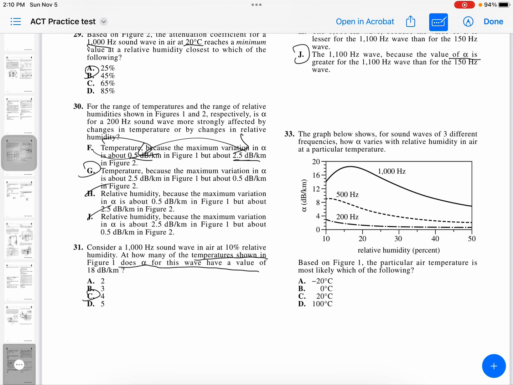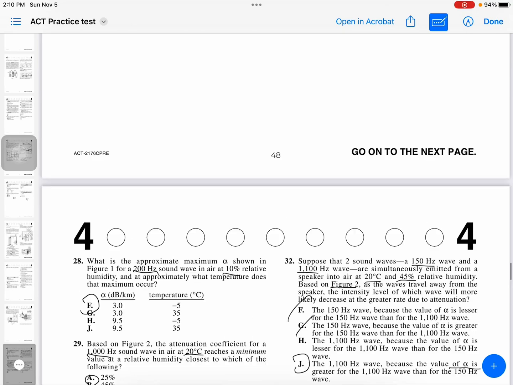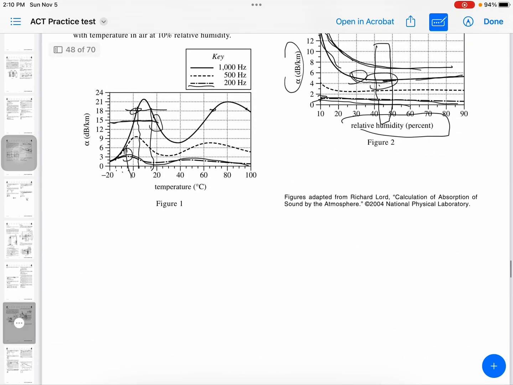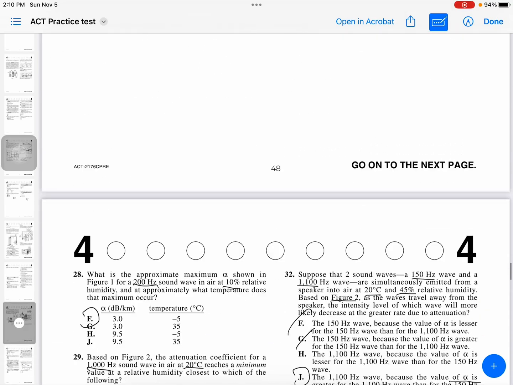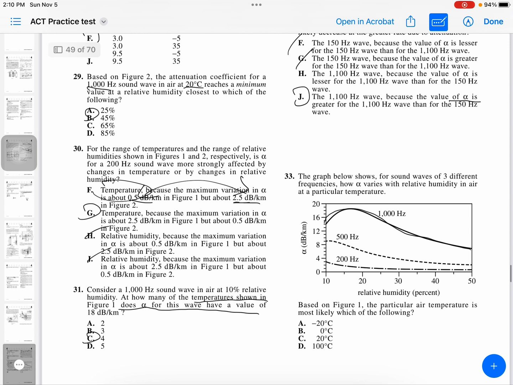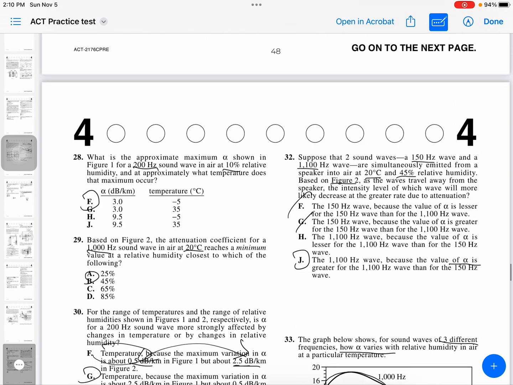So we got 1100 moving up and going down.